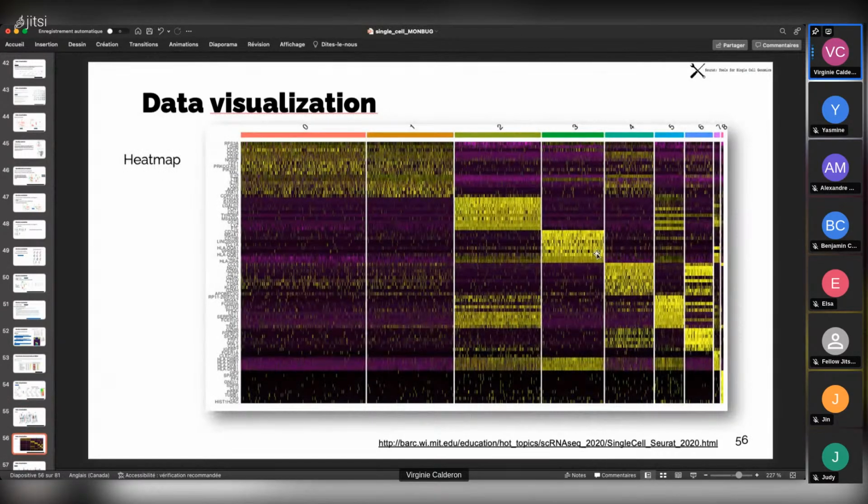And the last one that we use a lot is the heat map. We use it even before sending the results to the researchers, to check a little bit about the clustering. I put an example here. You have the level of expression of markers, I think the top 10 markers for each cluster.